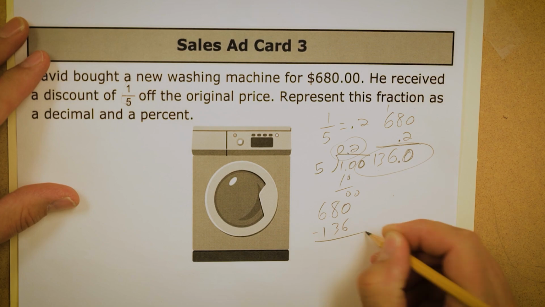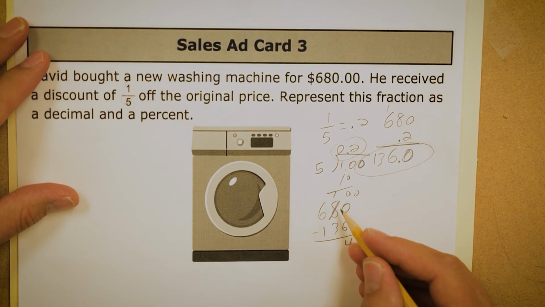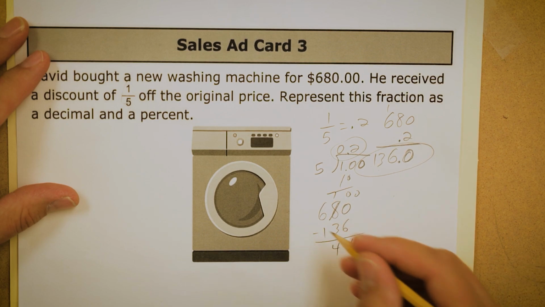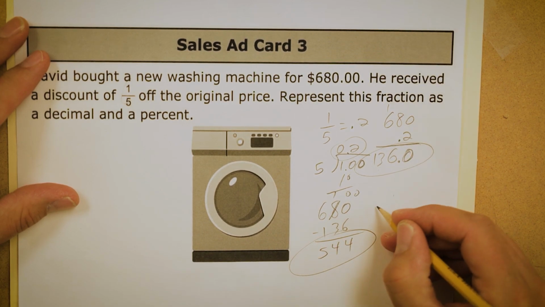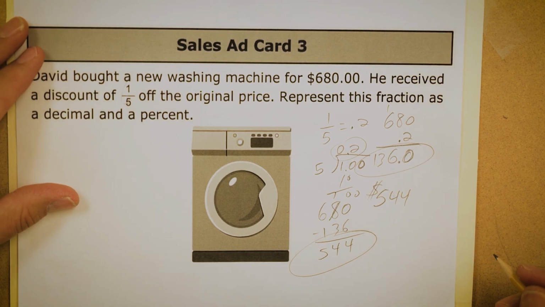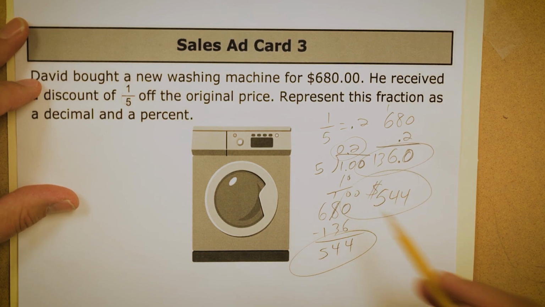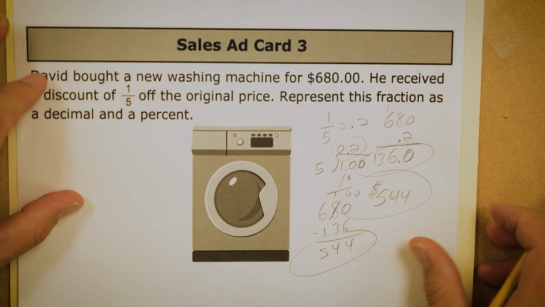Minus 136. Subtract this, 4, that one goes to a 7. 7 minus 3 is going to be 4. And then over here is 5. 544 what? Dollars. Doesn't really ask for what the amount paid was, but I don't really like the wording of this question here. Let's keep going.